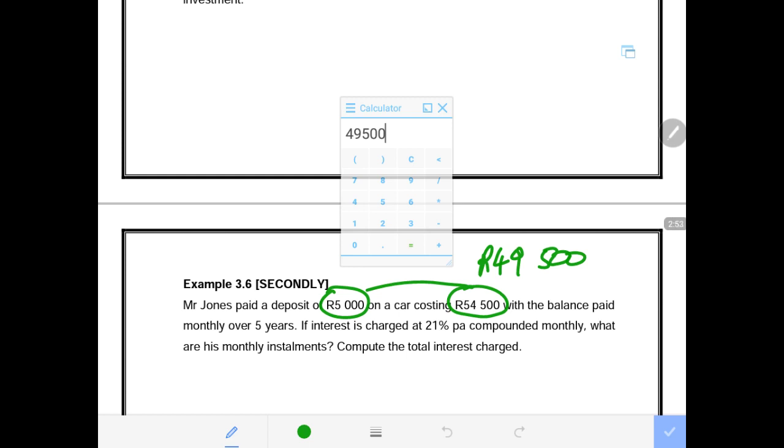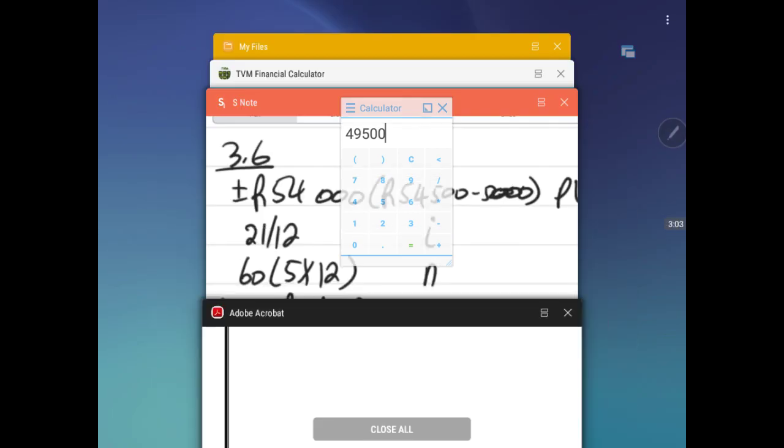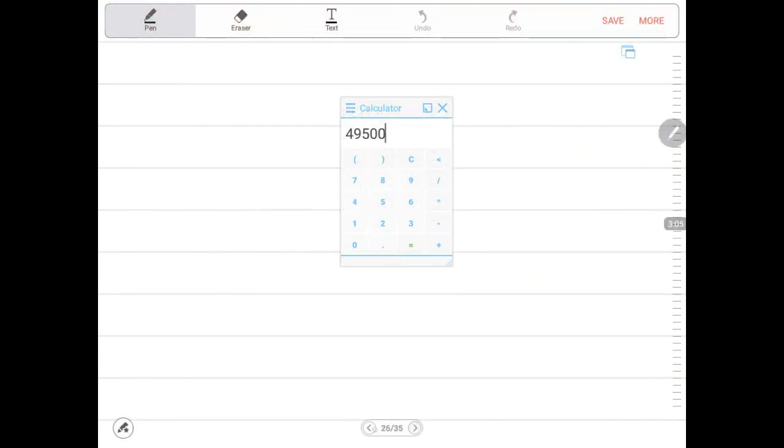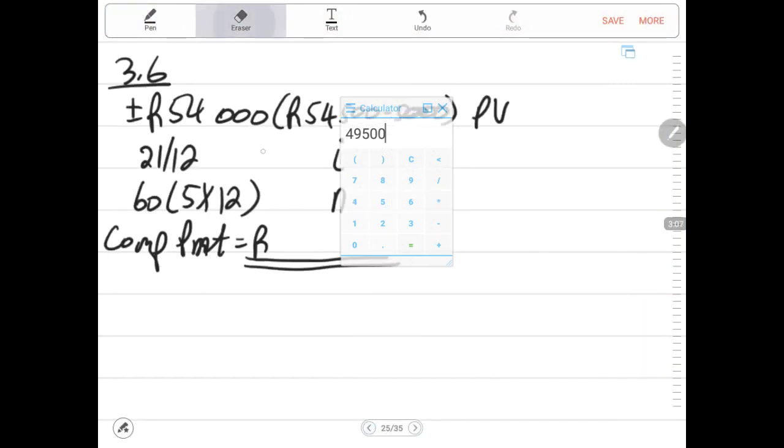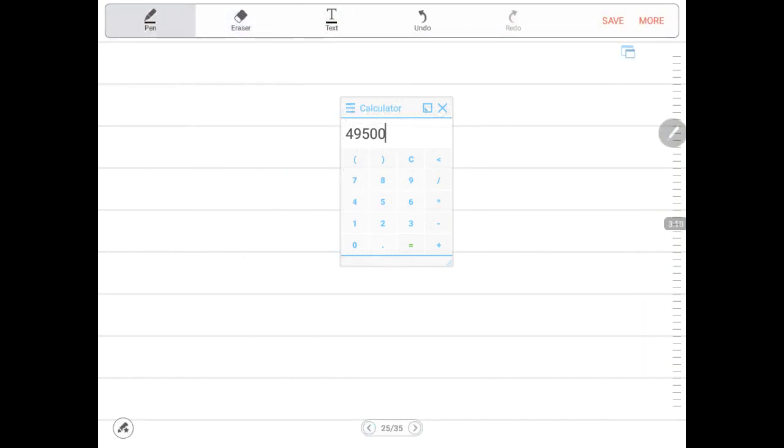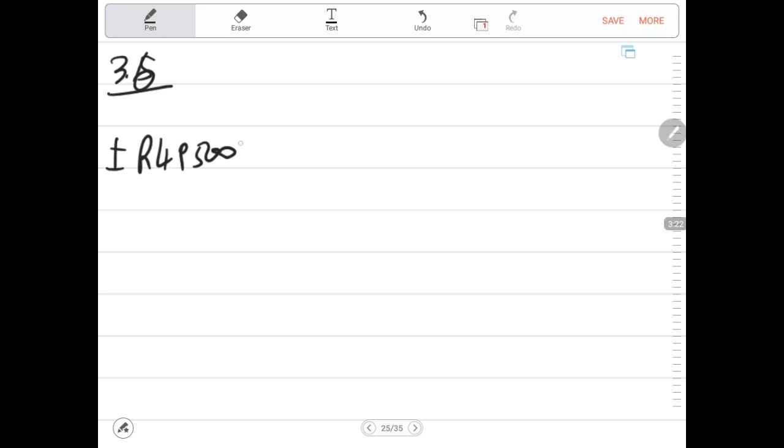Now let us continue on that same note. Then now we are calculating the installments that he's going to be making. We know how much he is owing. Then now let us just clear the previous page. We are doing example 3.6. 49,500 is the amount that he is owing, which was from 54,500 minus 5,000.